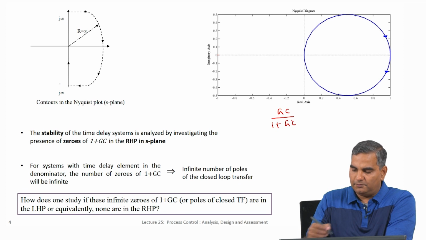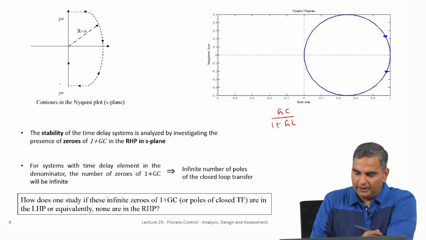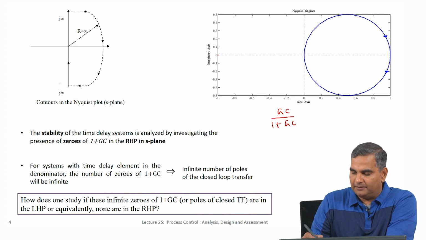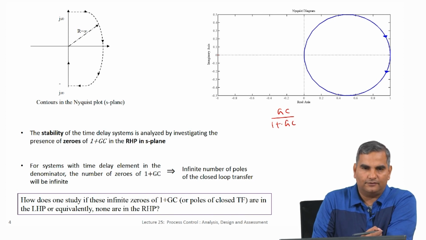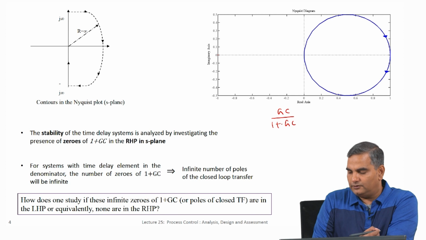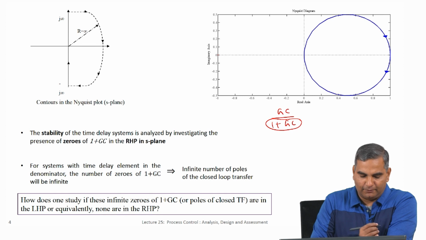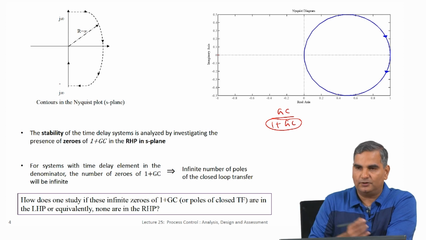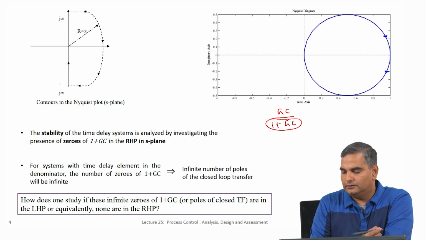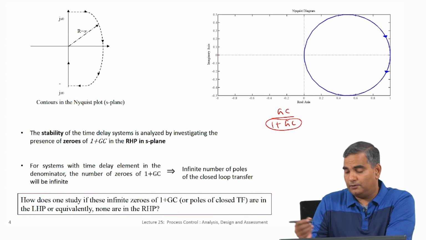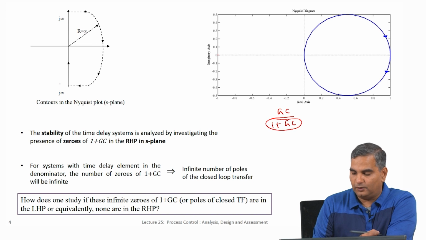This is going to be some numerator by denominator form, and if I have time delay elements in my controller, which get introduced because of time delay in my system, then the denominator polynomial is going to have an infinite number of poles, because if I conceptually expand e power minus tau ds into an infinite polynomial, I will get a lot more poles. So that was our problem. How do you guarantee that none of the poles clip into the right half plane is what we are interested in.